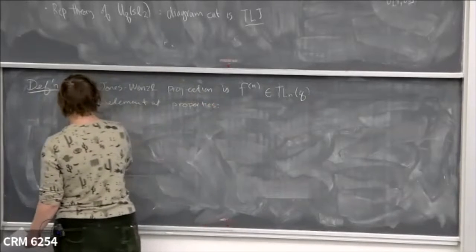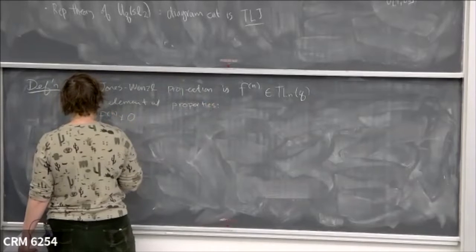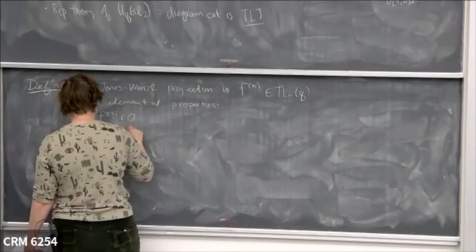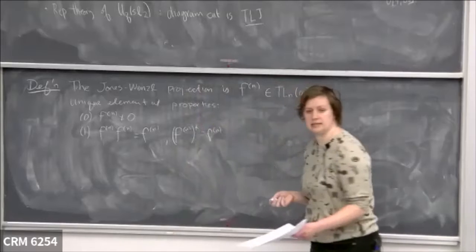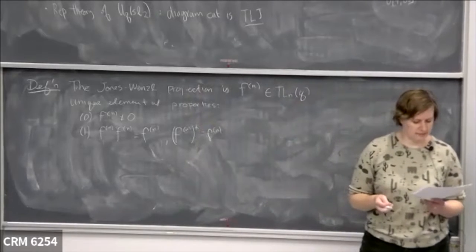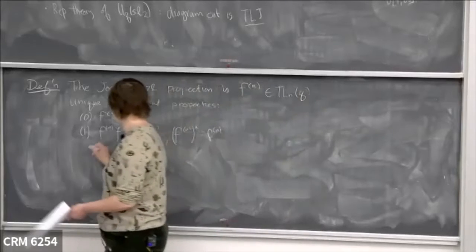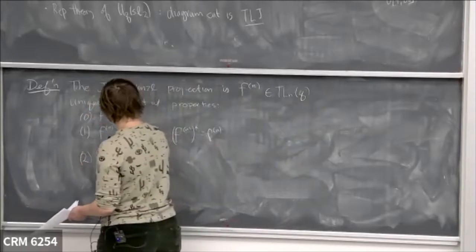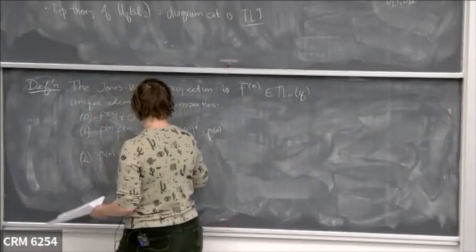Okay, so it should not be 0. And it should be, in fact, a projection. And so far, that's not very interesting. So the one remaining property that we add, the one that completely characterizes it, is that F_n is uncappable.